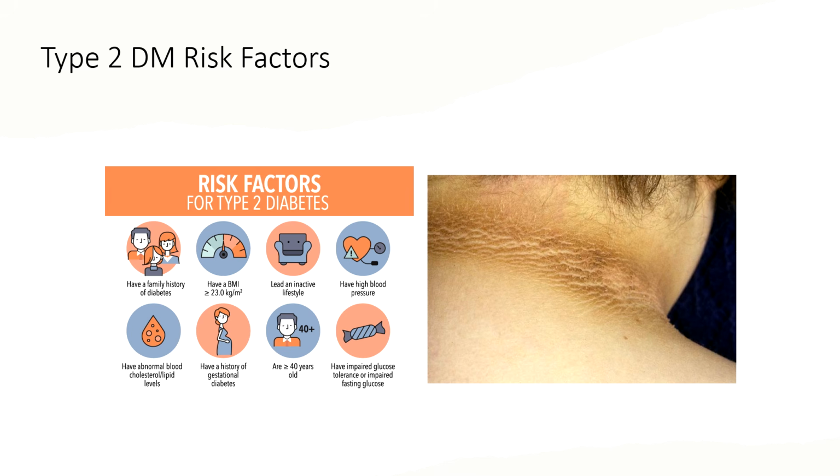All right. One of the signs that you're going to see is this right here. It's called acanthosis nigricans. It's basically like a thickened pigmentation of skin, usually found in the groin area, on the back of the neck, or in the axillary area.